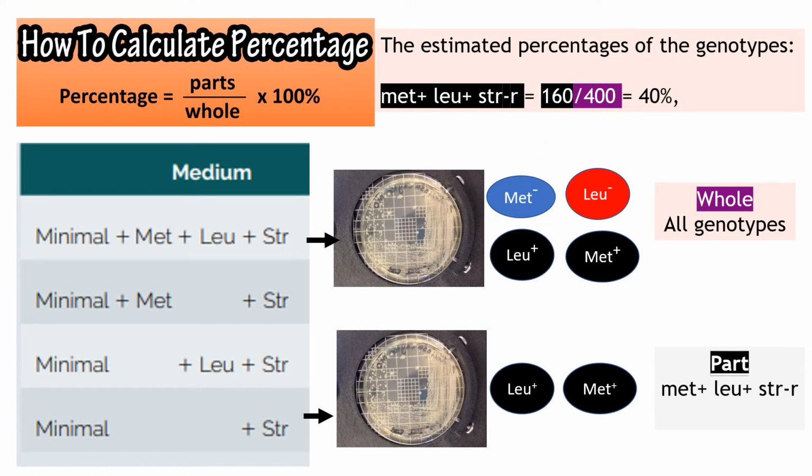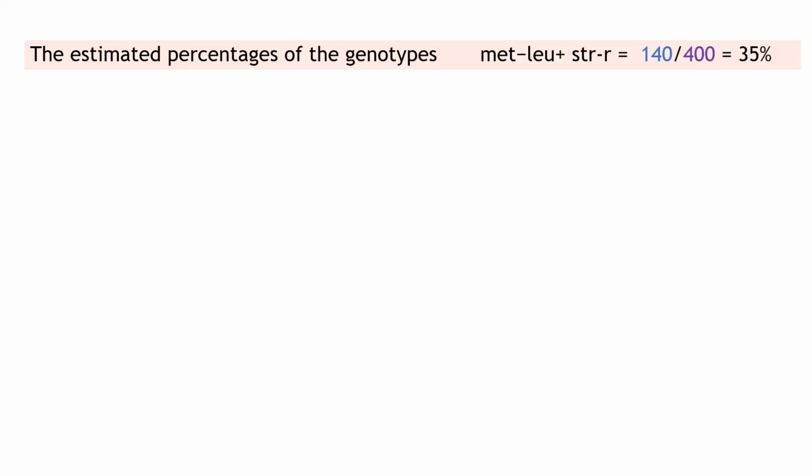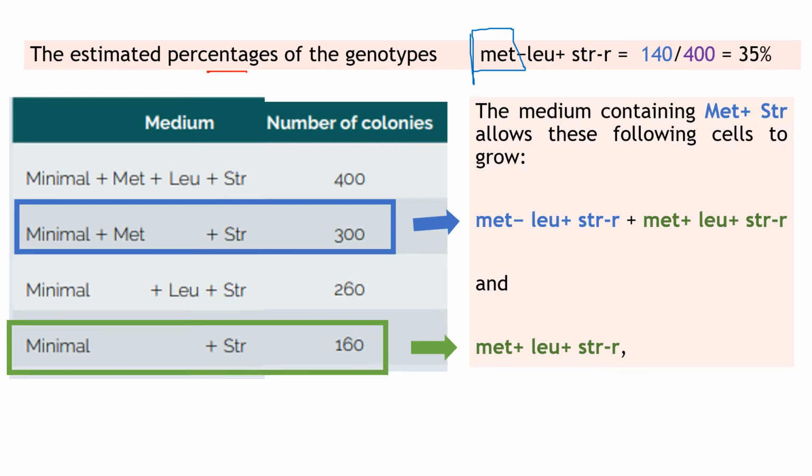Okay, let's go with another question with the following genotype. Now we have to find the percentage of the genotype that misses the methionine. How do we do that? We take the table, and we know that the one with additional methionine will allow the one that lacks methionine to grow, plus the one we find here, the one that has both genes.